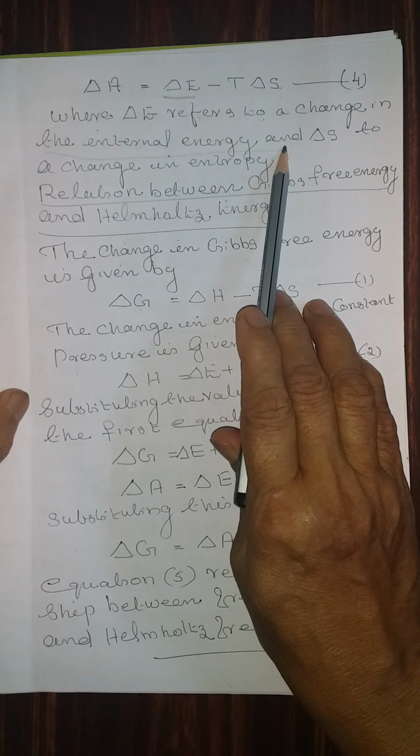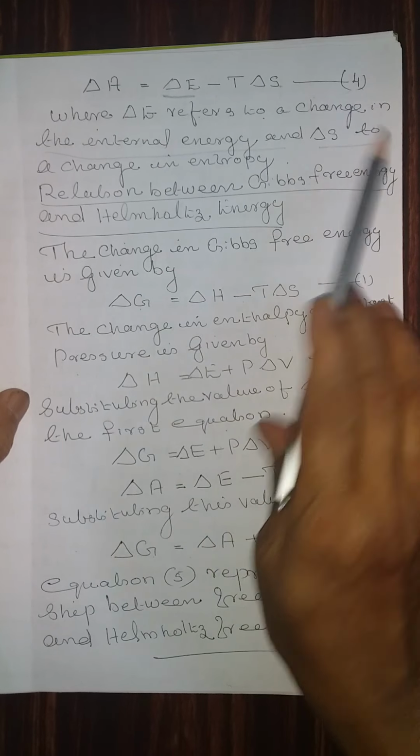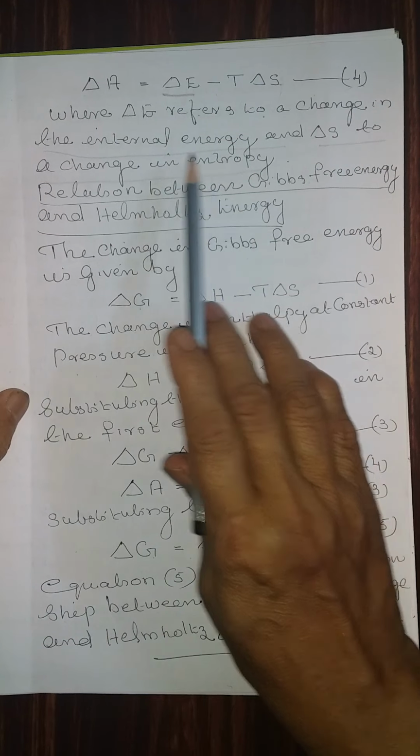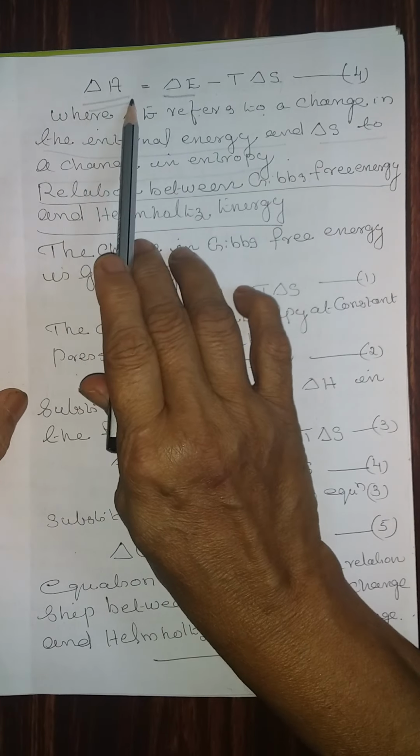We can easily write delta A is equal to delta E minus T delta S, because T is constant and S2 minus S1 is delta S. Equation number 4, where delta E refers to the change in the internal energy and delta S to the change in entropy. This is the change in work function or Helmholtz free energy.